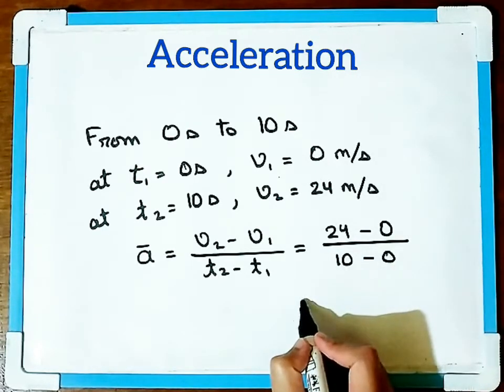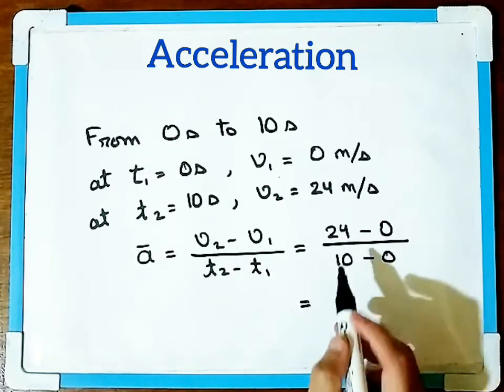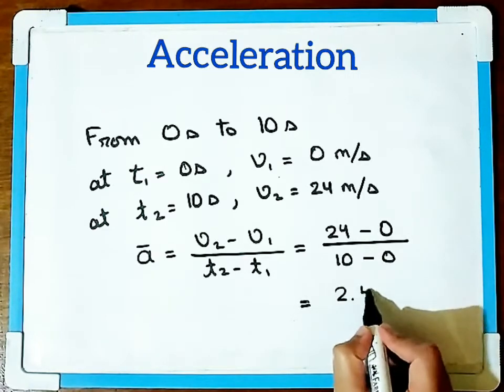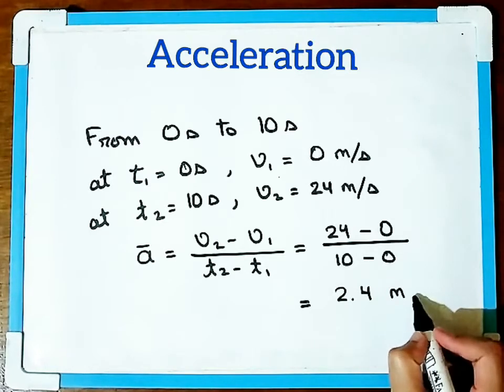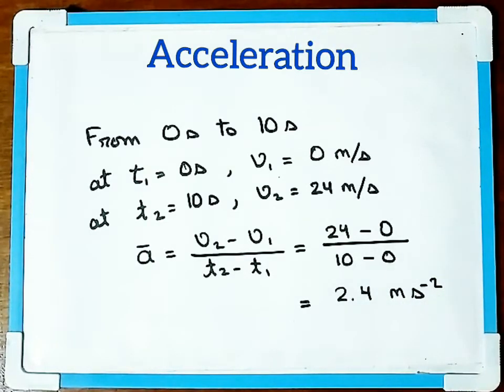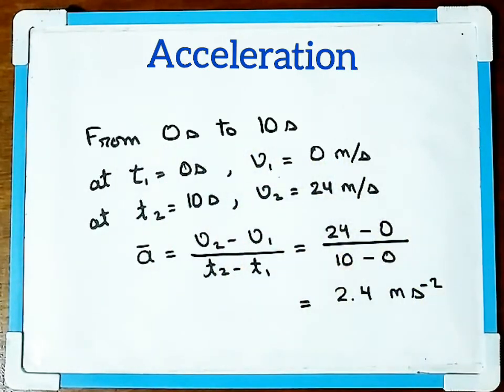If you calculate this, you'll get 24 by 10, and that will be 2.4 meters per second square. So the SI unit of acceleration is meter per second square. Here the average acceleration in the time interval 0 to 10 seconds is equal to 2.4 meters per second square.